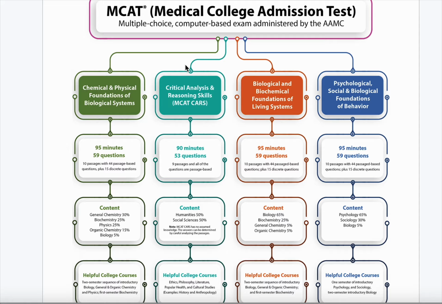And then the last is your psych-soc, so that's psychological, social, and biological foundations of behavior. This is the section that I would say is the most memorization-based. There is a psych-soc document that has an extensive amount of information that is good to look over prior to taking the MCAT that I will also provide as a further resource.